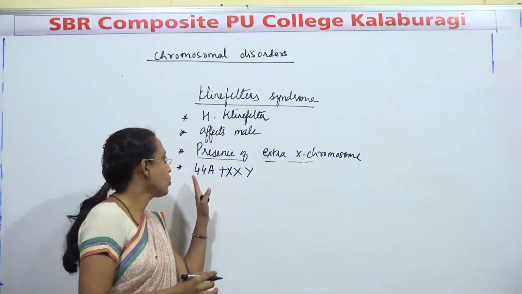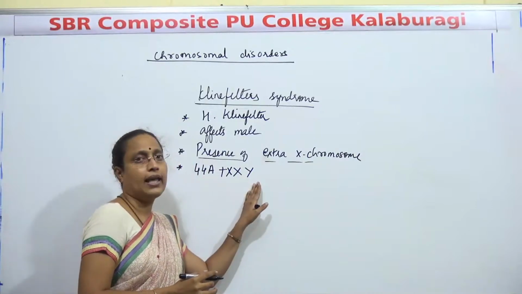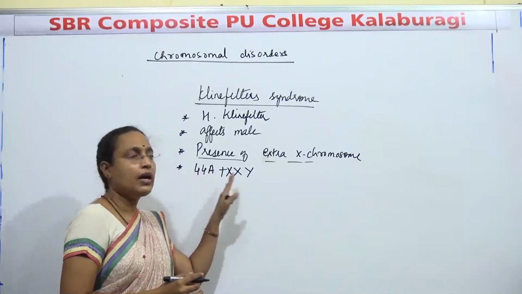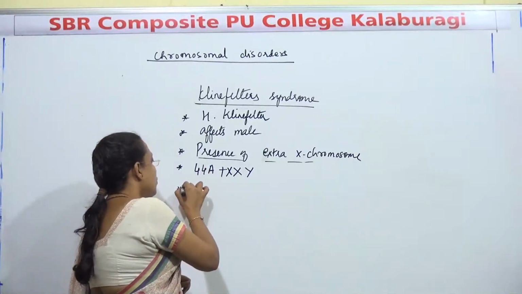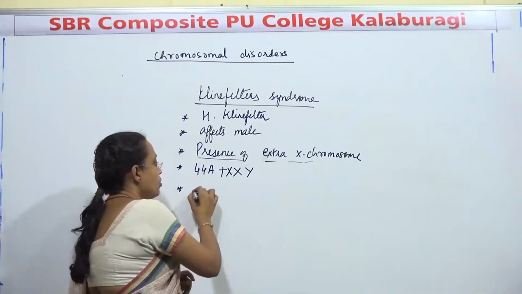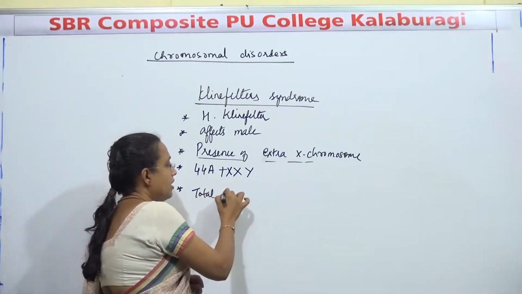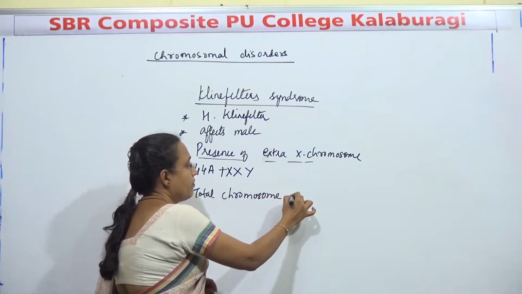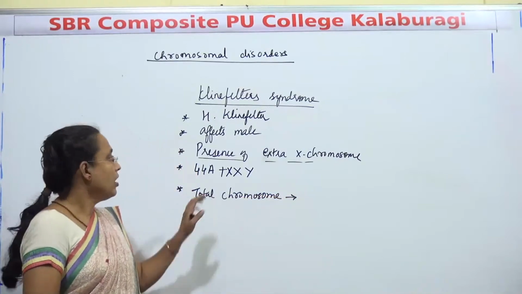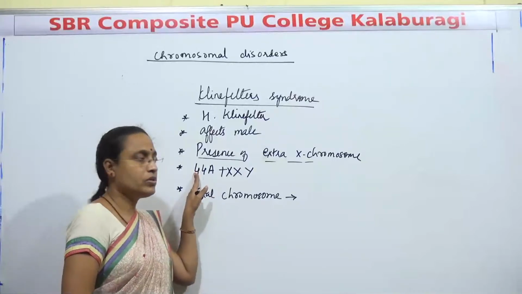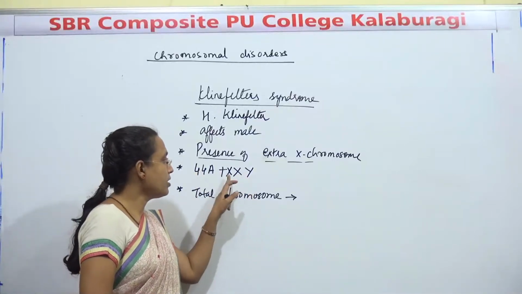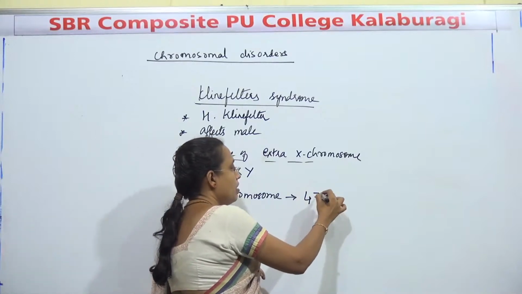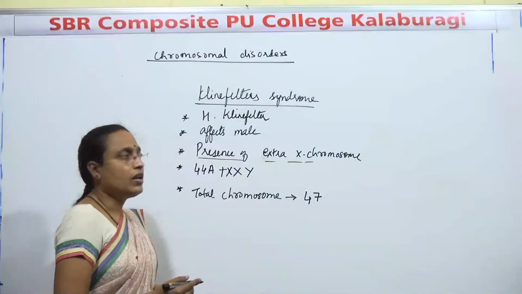So 44 XXY will be the chromosome complement, or chromosome condition. If you count the total number of chromosomes in an individual suffering from Klinefelter's syndrome, 44 are autosomes. How many allosomes? Instead of 2, it is 3. So the total number of chromosomes here will be 47.